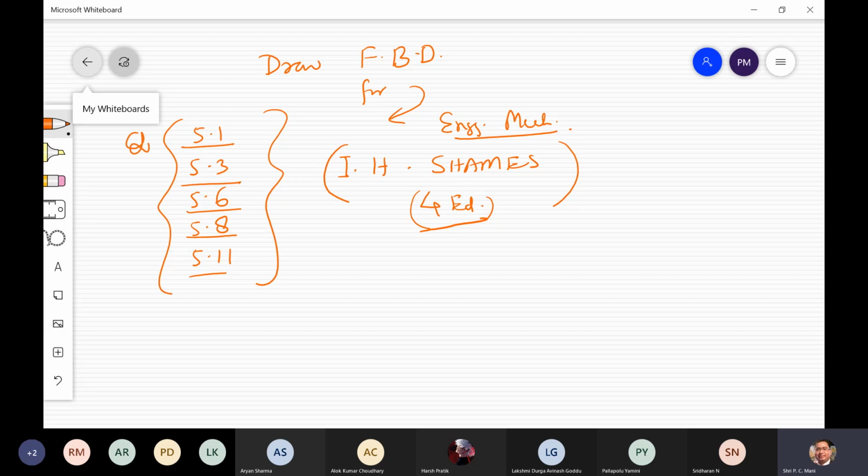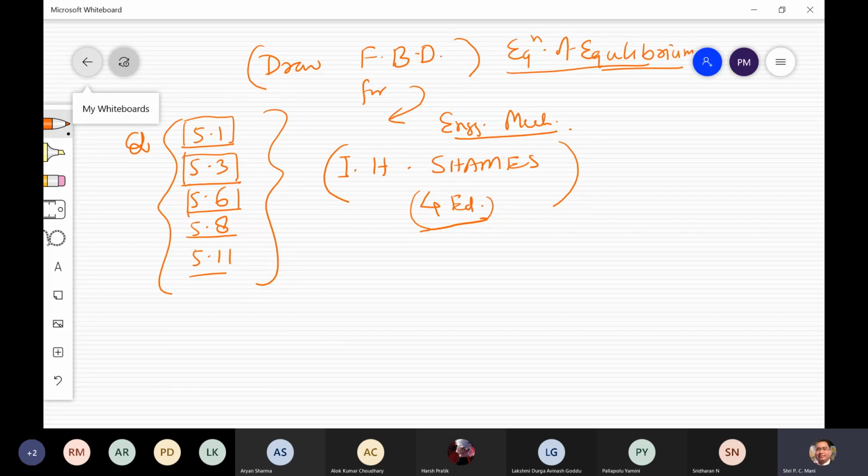This is the first exercise of your equilibrium equations chapter, equations of equilibrium. You have to draw the free body diagram for this question.